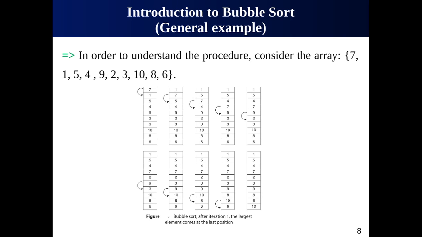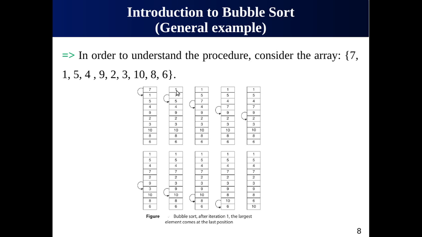First things first, we need to compare the element at location number 1 and the element at location number 2. So you have to compare 7 with 1, and swap them if they are out of order. After comparing 7 with 1, we observe that 7 is greater than 1, so you have to swap them. You can see here we swapped 1 with 7.